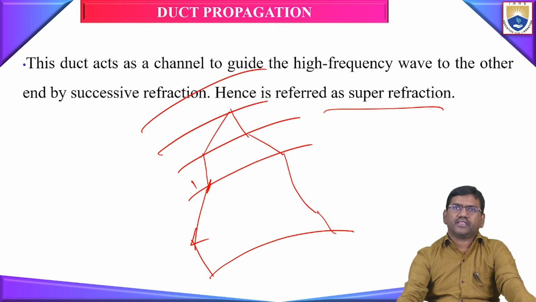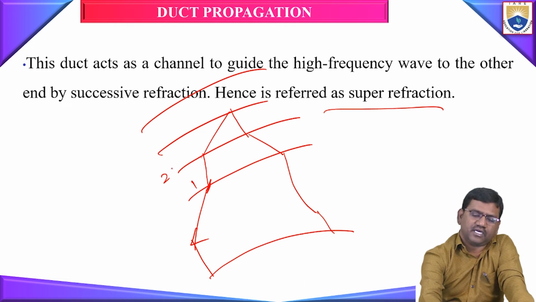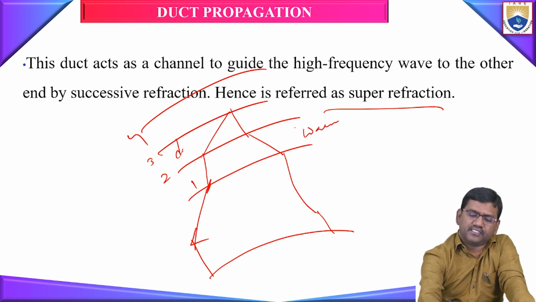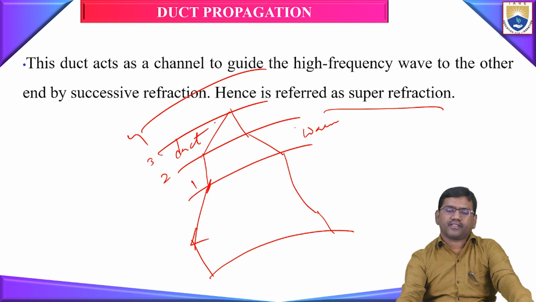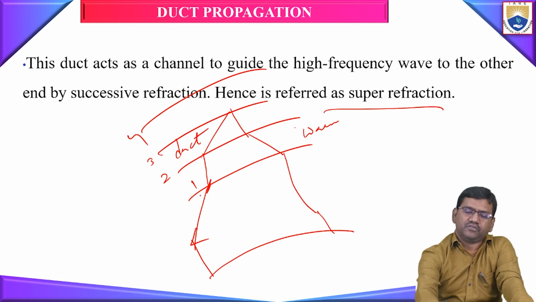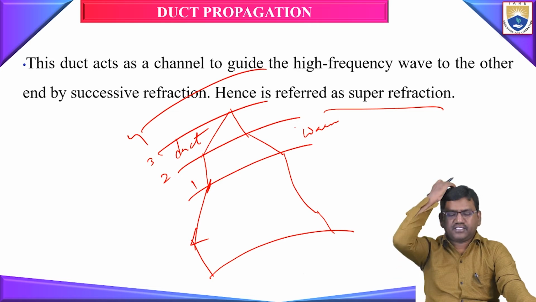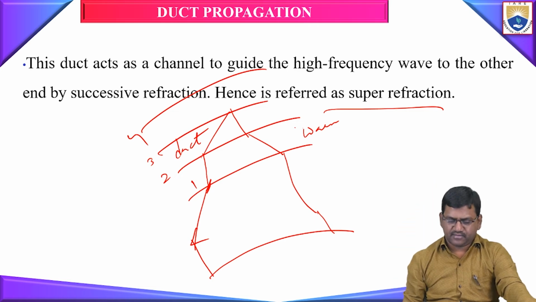So like this, multiple refractions are going to happen in different paths in the atmosphere. So this is the warm air, and here there is a duct present. The ray is traveling from 1 to 2, 2 to 3 and 3 to 4, where refraction takes place and also reflection takes place towards the receiving antenna.